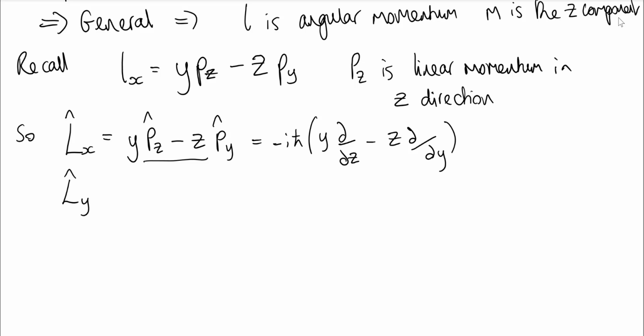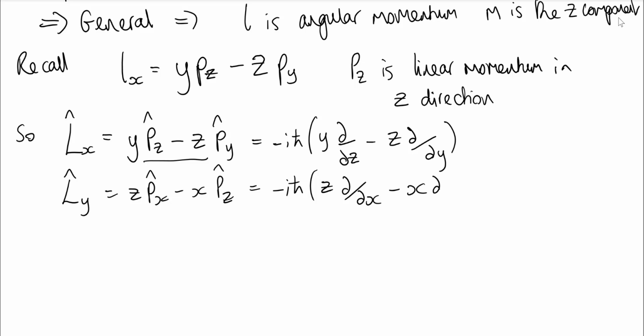So L sub y, and this we're going to start to see is a little bit laborious. And in a second, what we're going to do is think about how we convert these equations to spherical coordinates. These are all fairly straightforward, all fairly easy in terms of our linear momentum.